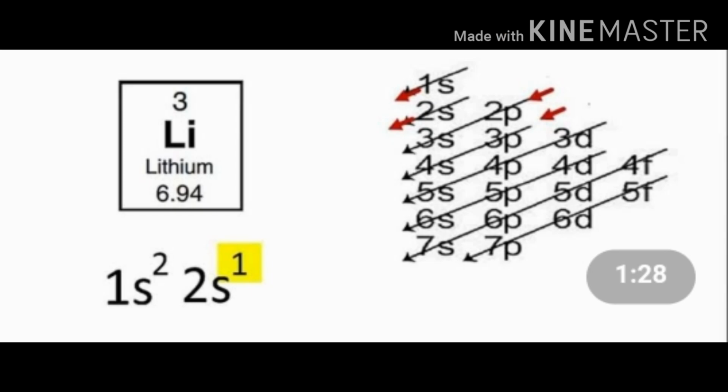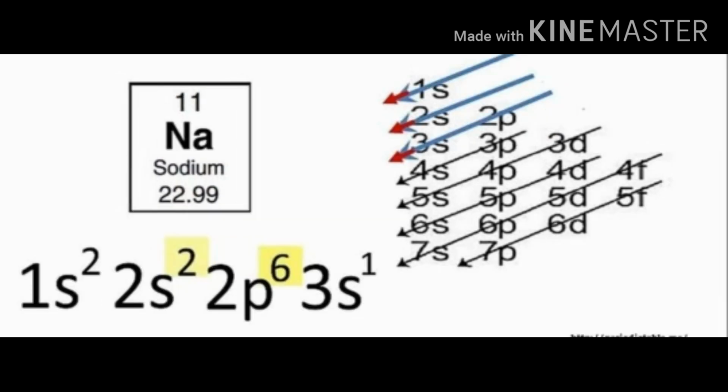See the example, lithium. The electronic configuration of lithium is 1s2 2s1. In this example, the last electron, 2s1, enters the s orbital. That's why lithium comes under S block elements. Next example, sodium.